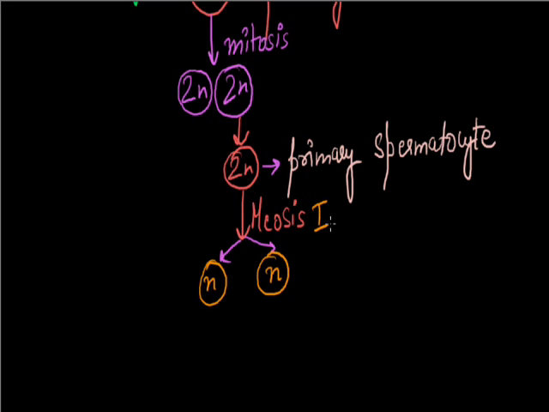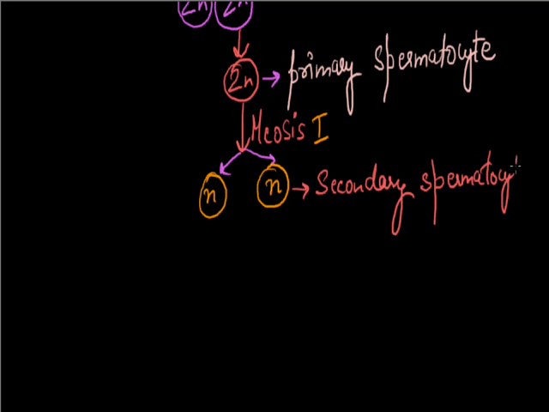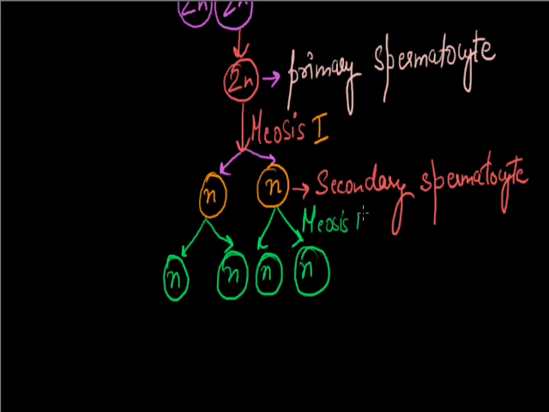So by meiosis 1, two haploid cells will be produced, and these cells are called secondary spermatocytes. Now in the secondary spermatocytes, meiosis 2 will occur and four haploid cells will be formed. These haploid cells are called spermatids.